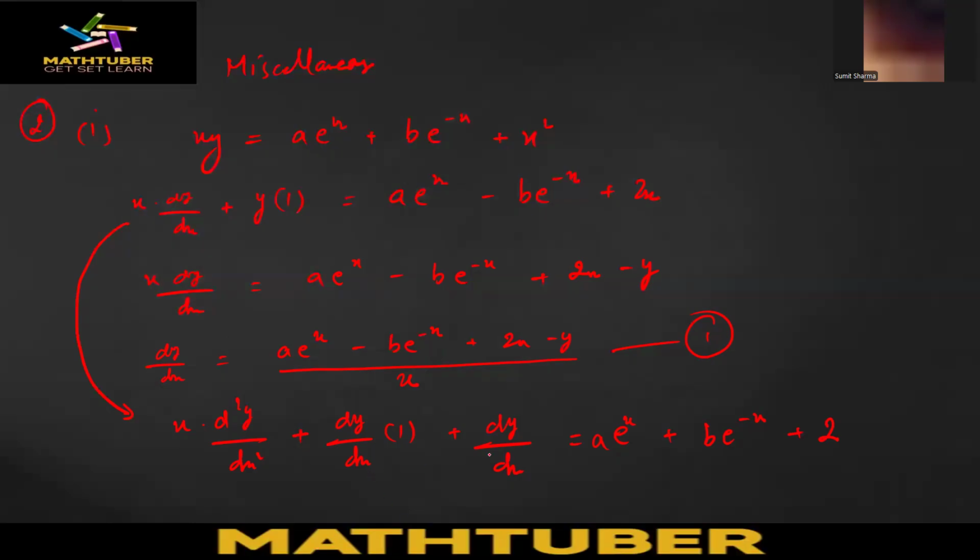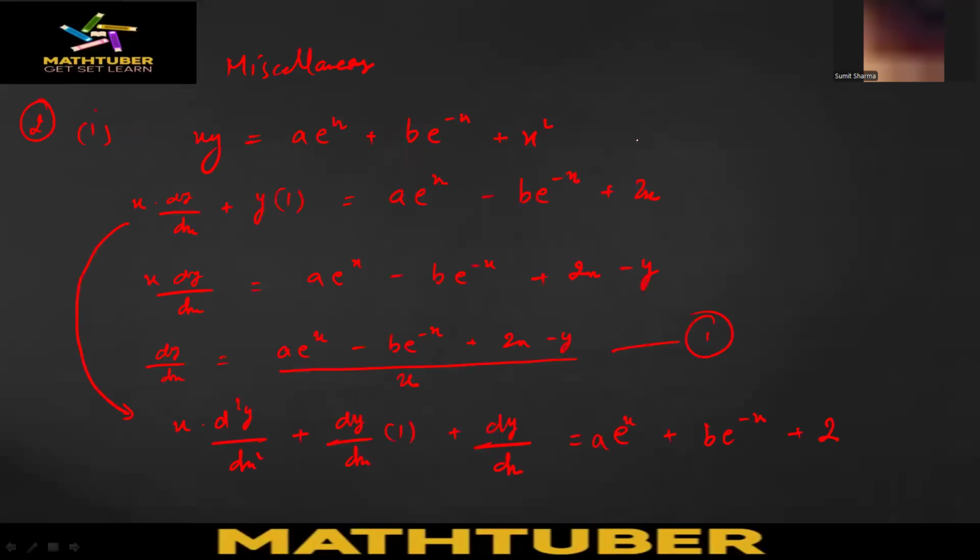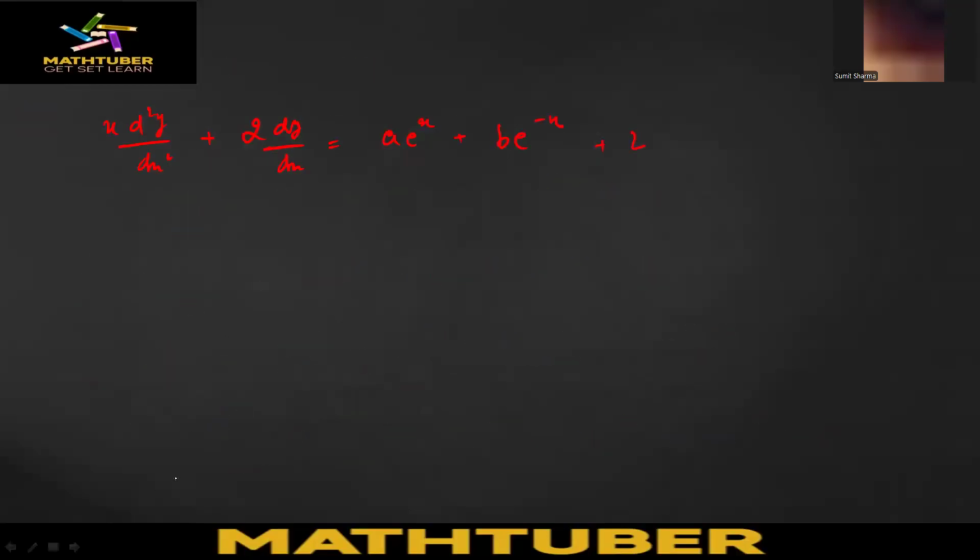So this is x d square y by dx square plus 2 dy by dx is equal to a e raised to power x plus b e raised to power minus x plus 2, right? Let us take this as the second equation.